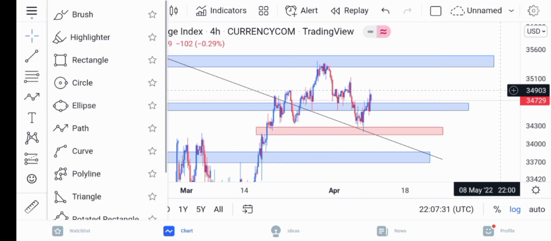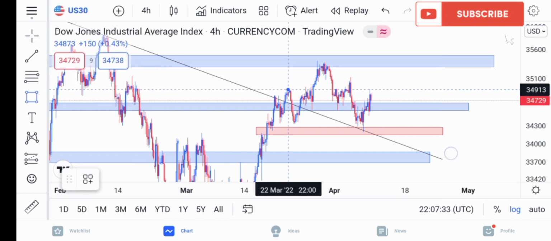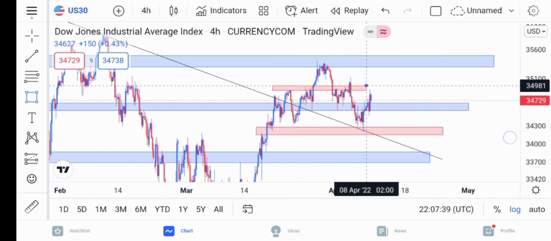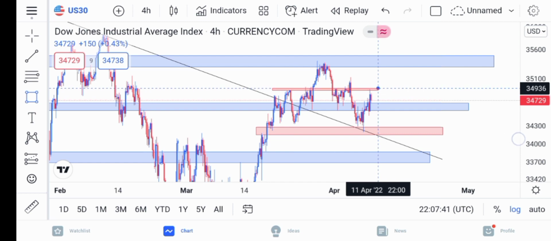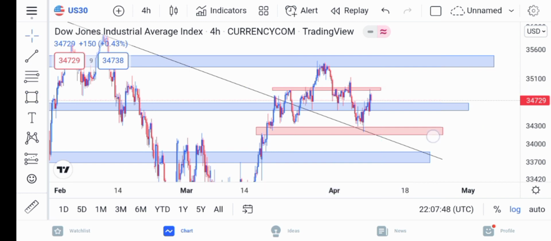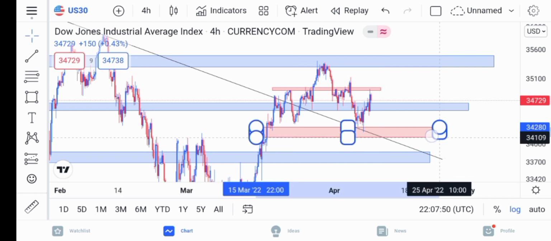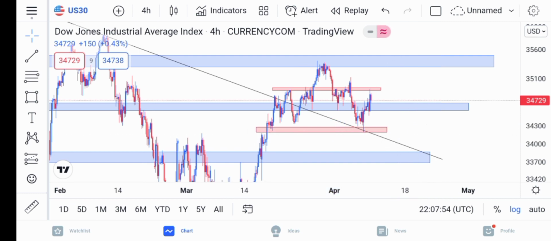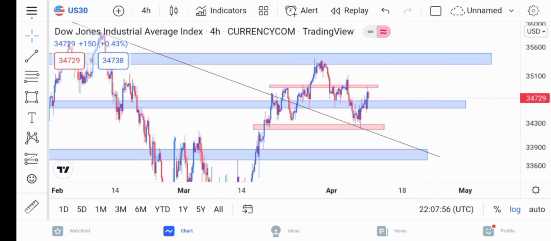So let me mark it out. These are the support levels and the resistance levels that are in between the major support and resistance. So this is our area here. Let me reduce this one to over here so we can keep our charts as clean as possible.